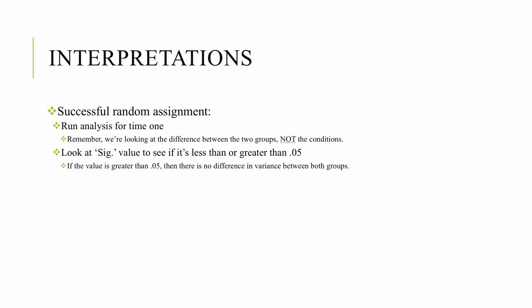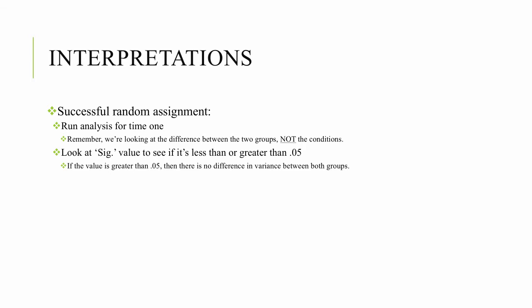Okay, so the successful random assignment, I really apologize to the people I told to do the Levene's test or to read that. But there's another way that I'm hoping is a lot easier to understand to determine the equality of variances across both groups and conditions.